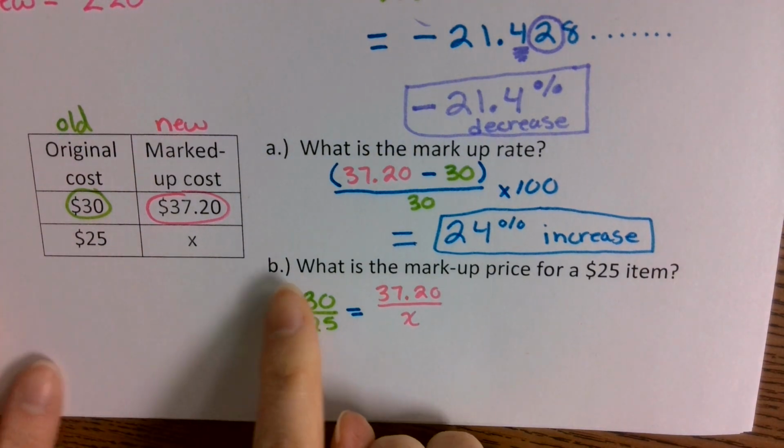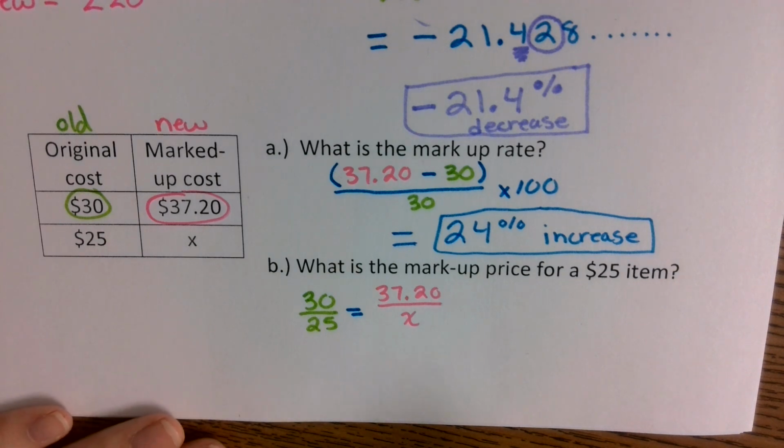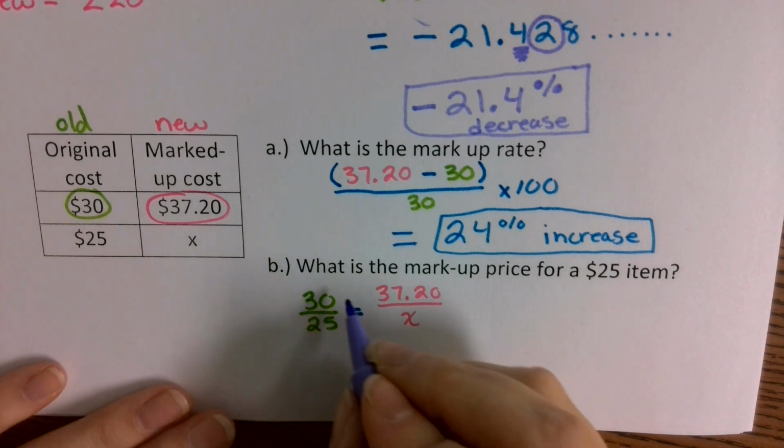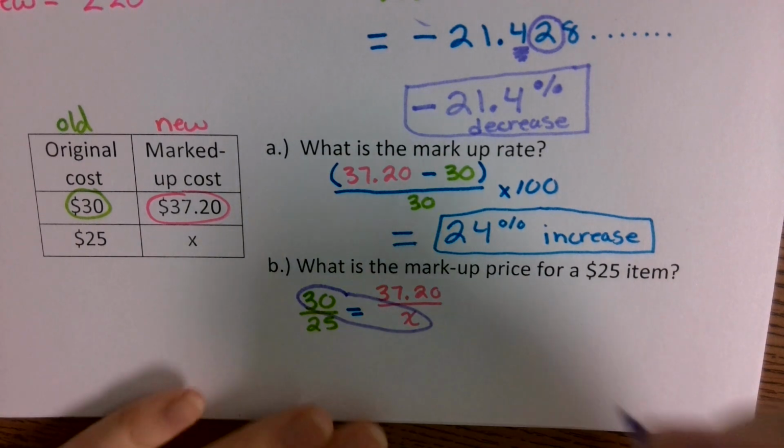So I've created two fractions that are equal to each other. And I'm going to use something called a cross product. So what a cross product means is that we're going to multiply our diagonals together and create an equation.